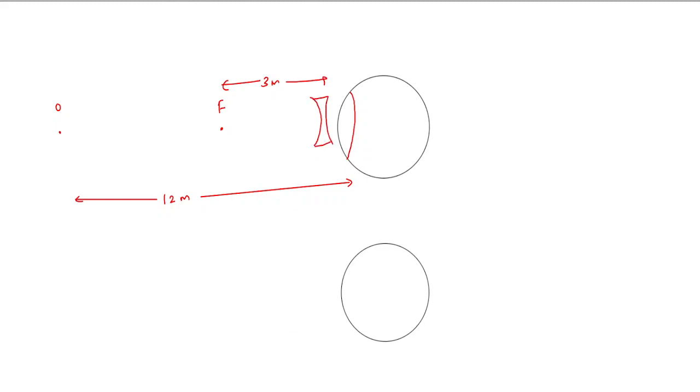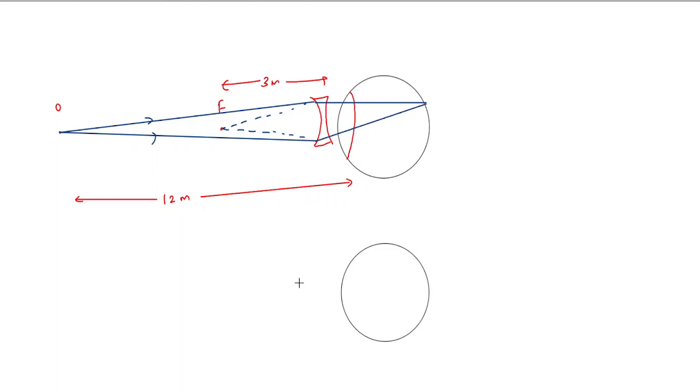Again here, this object at point O would form an image not on the retina directly, rather it forms an image at the point F, because from the point F the eye can see clearly. So keep in mind that in all the cases the corrective lens would form the image at the point from where the eye can see clearly. So from here it will be focused like this.